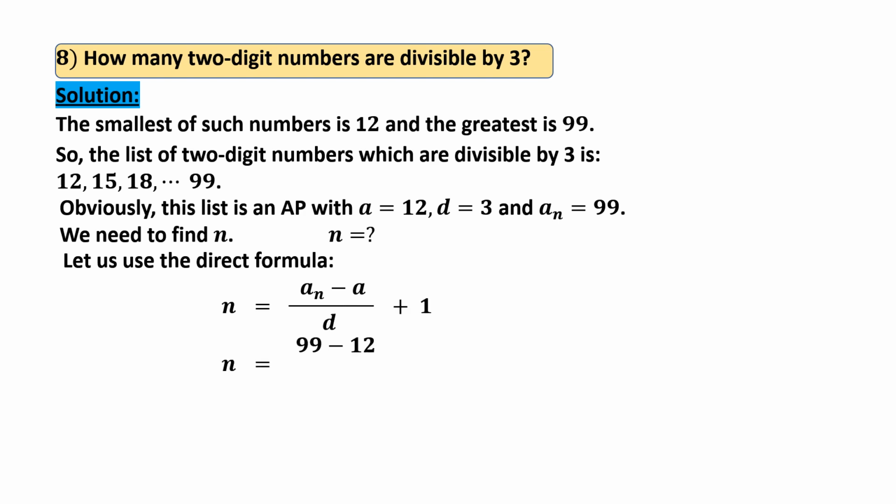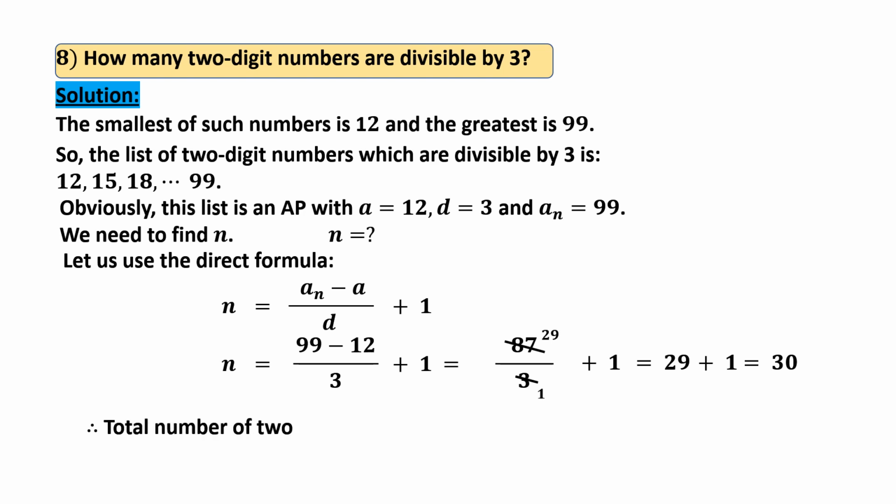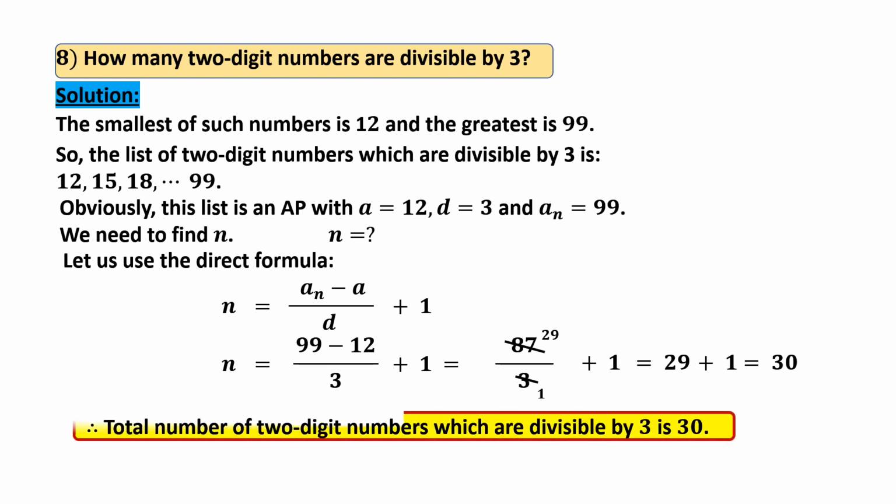N equals (99 minus 12) divided by 3, plus 1. 87 divided by 3 plus 1. 3 ones are 3, 3 9s are 27, so 29 plus 1, which is equal to 30. So the total number of two-digit numbers which are divisible by 3 is 30.